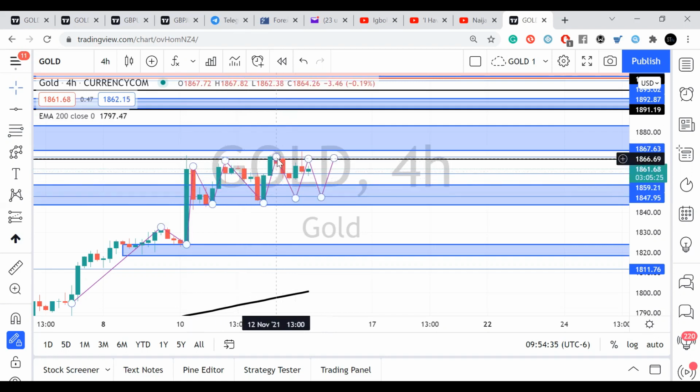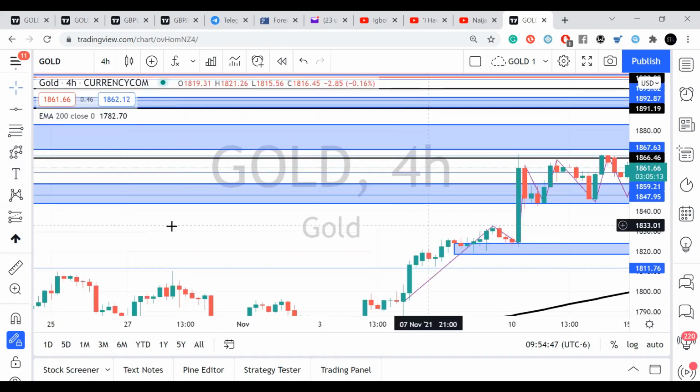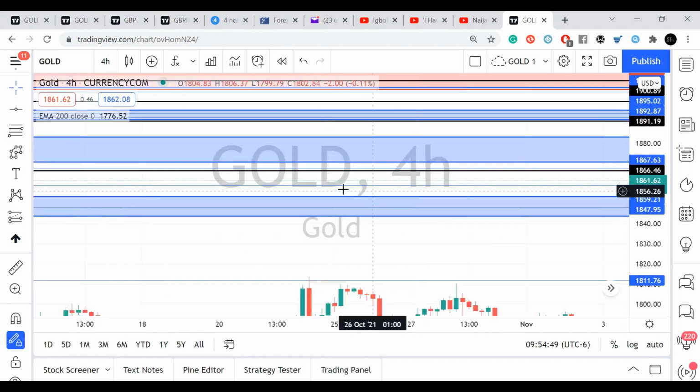So, but what I also do is how I trade whenever gold is in range. Whenever gold comes to this, let me show you guys here what's happening here. Remember, this is the zone.